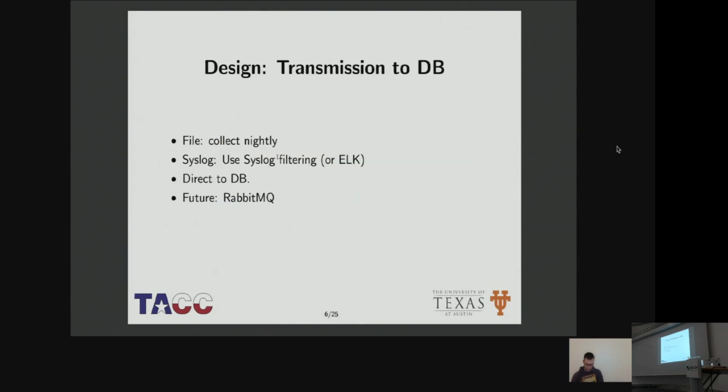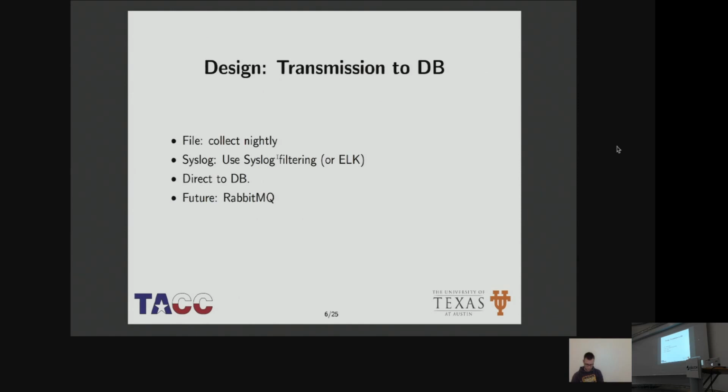There are a couple of different ways to do database transmission. You can write to a file and collect it nightly. You can use syslog and syslog filtering, or write to syslog and use ELK: Elasticsearch, Logstash, and Kibana.